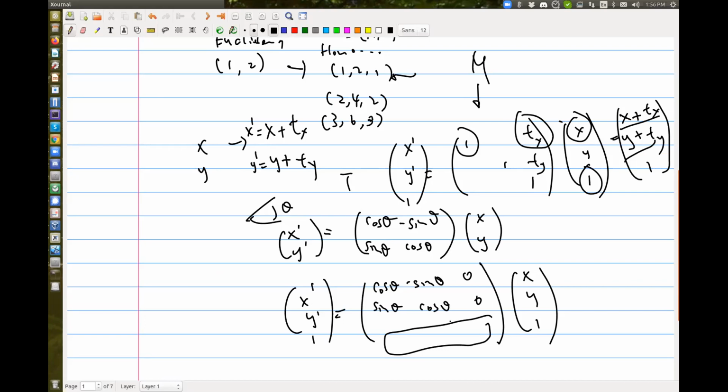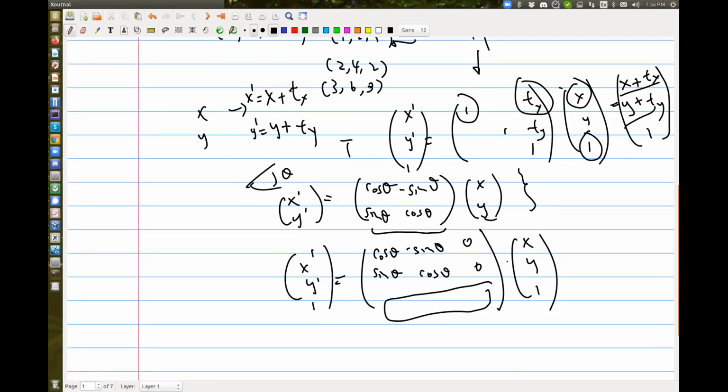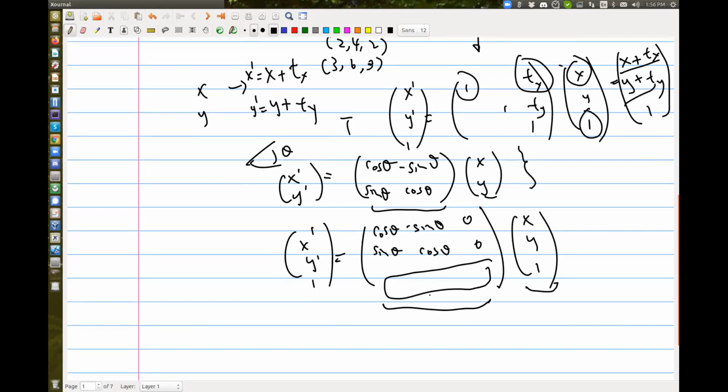So I will have rotation in the original Euclidean coordinate: x and y multiplied by this matrix. And in the homogeneous coordinate, I have this multiplied by this one. Yes, you guys get that.